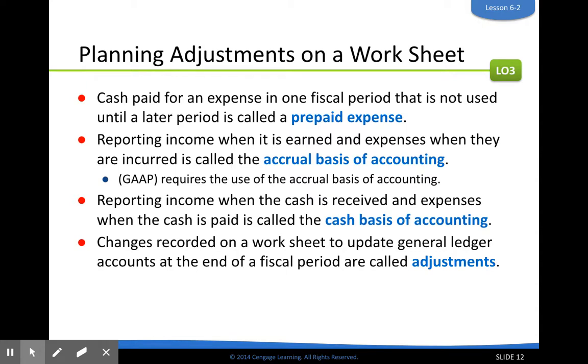This is that consistent reporting that we talked about in 6-1. It's really important that we report income and expenses when they occur. That is called accrual basis of accounting, and it is a GAAP, generally accepted accounting principle requirement.